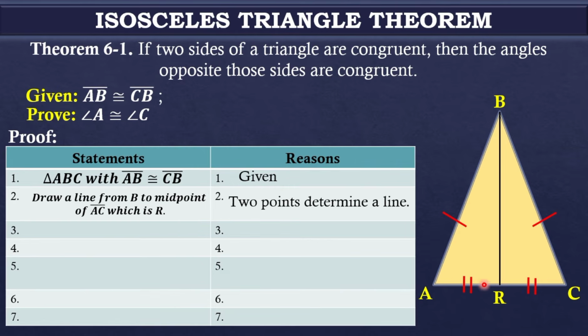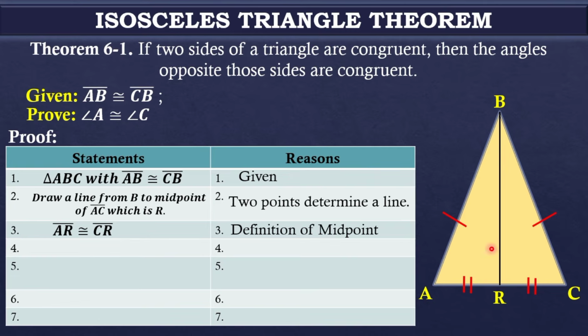So, AR is congruent to CR kasi meron siyang binanggit na midpoint. When we say midpoint, pinakagitna yan. So, ibig sabihin, etong dalawang segments na to ay congruent segments. So, yun ang pwede mong ilagay na next statement mo. AR is congruent to CR. And that is by definition of midpoint.